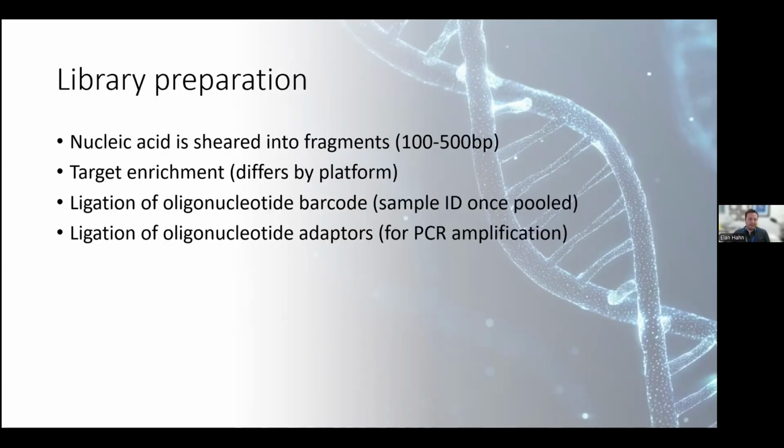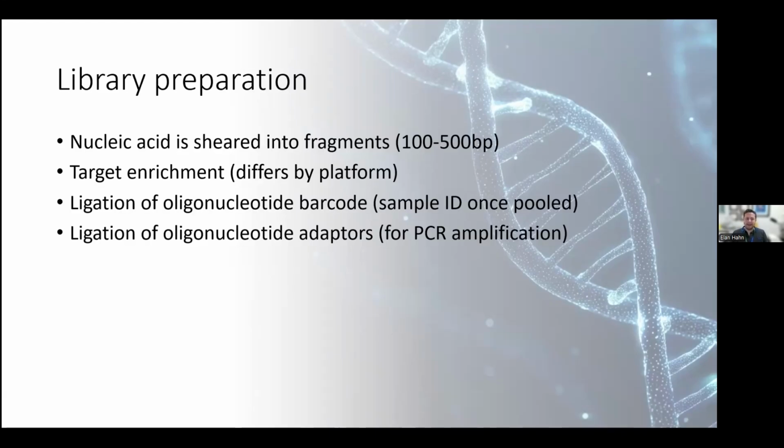In general, library preparation starts with shearing nucleic acid, usually by sonication, into fragments 100 to 500 base pairs in size, enriching for targets, and this will differ by different platforms. We'll get there. Ligation of an oligonucleotide barcode to our fragments, and these will have a specific sample ID because we're going to pool multiple samples for the reaction.